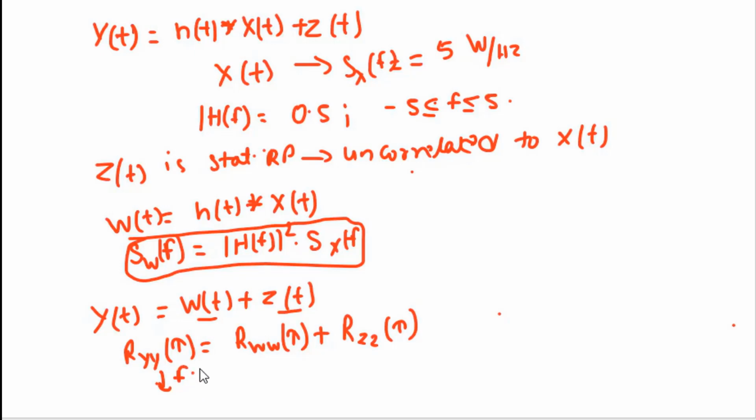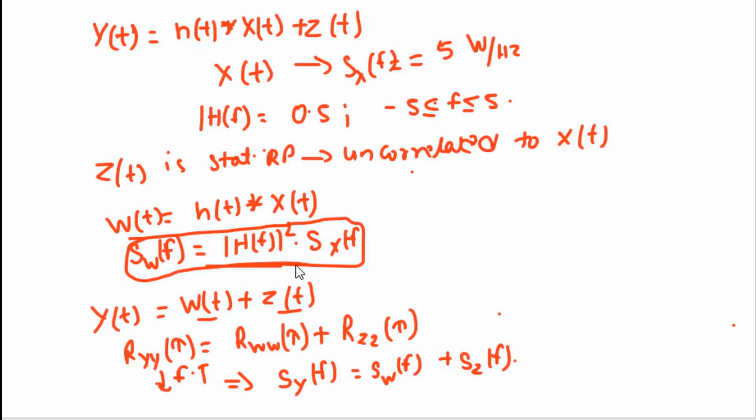Taking the Fourier transform, you can write S y of f equal to S w of f plus S z of f, in PSD form.